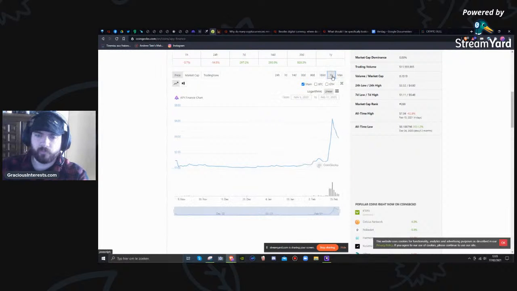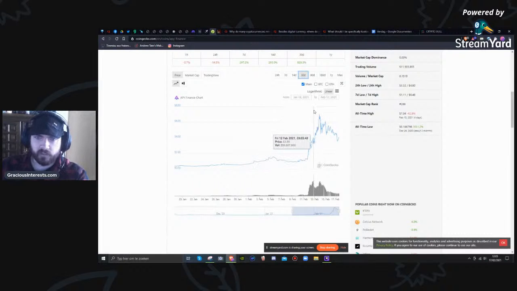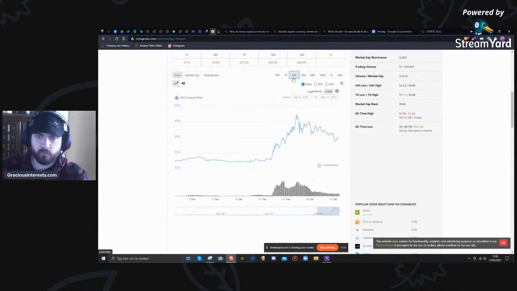Going to zoom out a bit. So 1 year, relatively stable, had a peak. 180 days, same. I see a lot more volatility here. Yeah, this one's much better. So yeah, it has been performing well in the last 2 weeks, which is quite good.